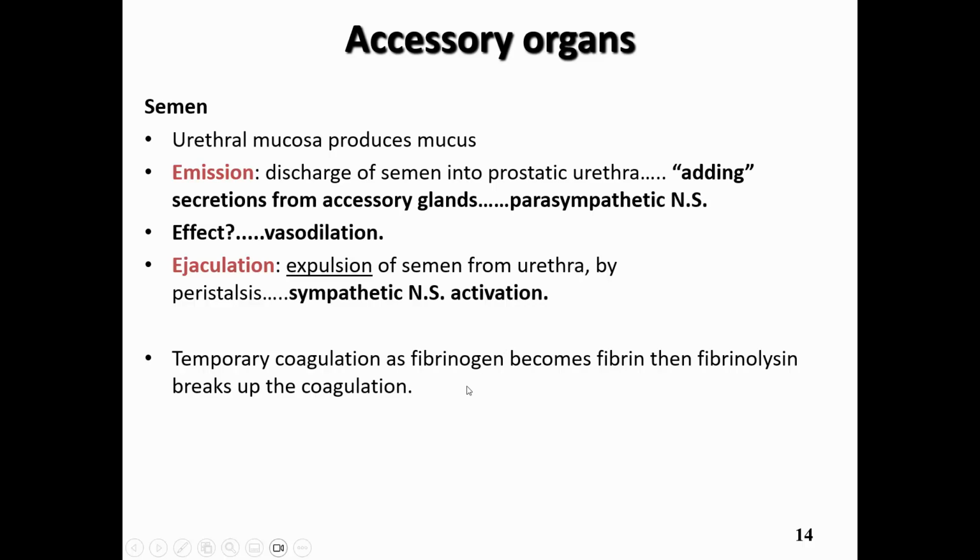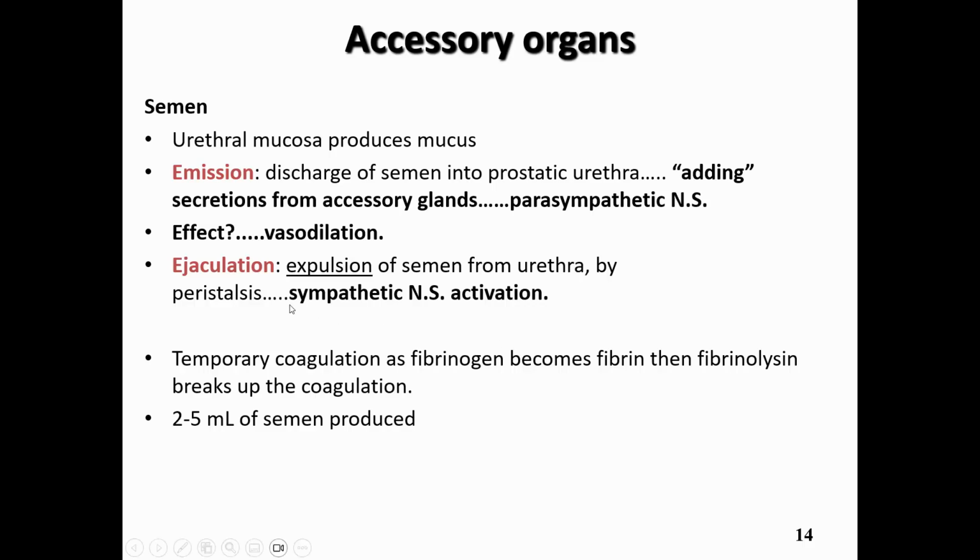There is a temporary coagulation, so a thickening of that semen, as fibrinogen becomes fibrin, and then fibrinolysin will break up the coagulation. This opposite effect that you see here with fibrinolysin helps to produce an optimal level of thickening and viscosity, if you will, to that semen.